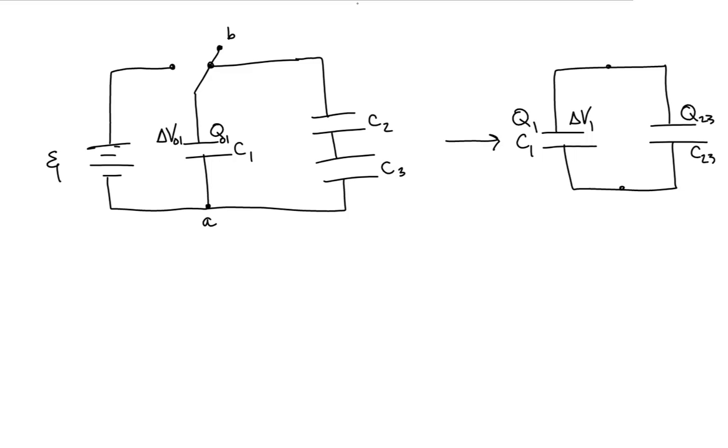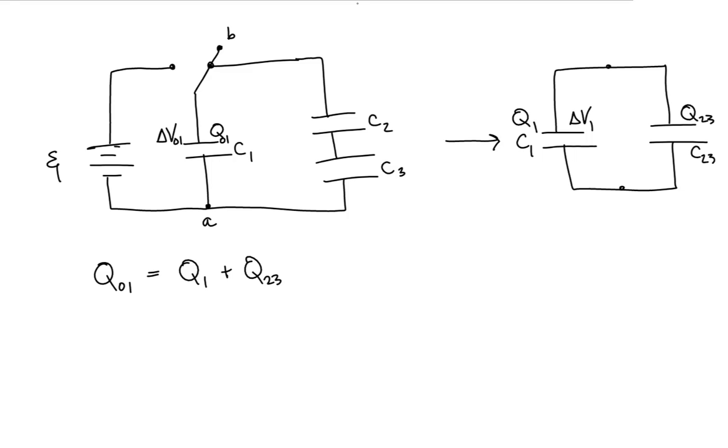After a very short amount of time, our fully charged capacitor shares some of its charge with the equivalent capacitor 2 and 3. So the total amount of charge that we started with, Q01, has to be redistributed between capacitor 1 and our equivalent capacitor 2 and 3.